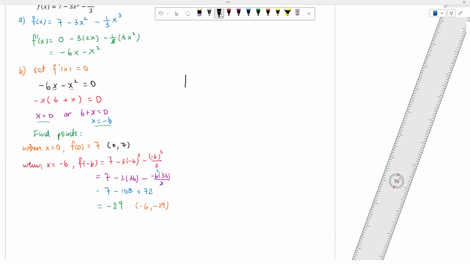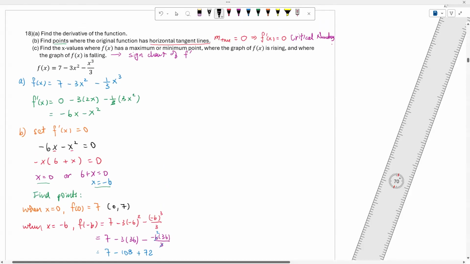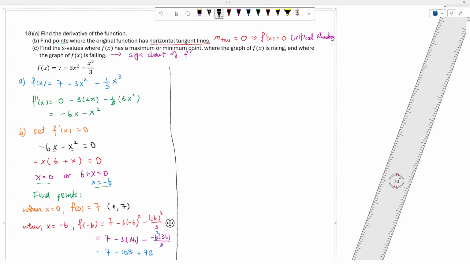And now let's see how we work with C. Again, for this C, in order to work with the sign chart, we need to find critical numbers.